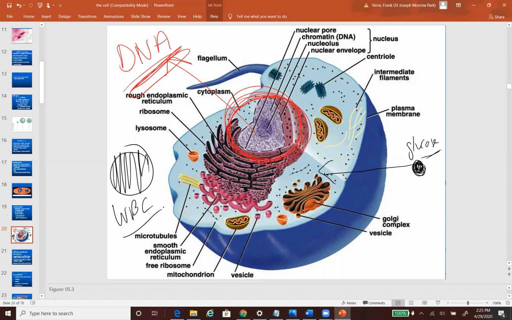And how does it know that? It knows because of the surface of the cell membrane. If I look at this picture, it looks like the surface is nice and smooth, but it isn't smooth. There are bumps on it, features on the surface of the cell that allow other cells to recognize it.